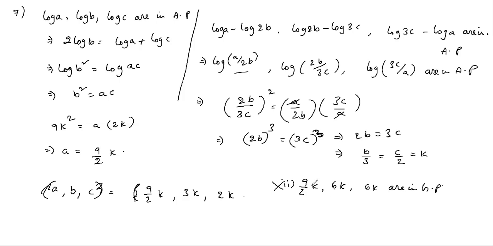So next, the third one. A, B, C are the sides of a triangle. If A, B, C are the sides of a triangle, we have properties: the sum of two sides is greater than the third side, and the difference of two sides is less than the third side. Then the values satisfy the sides of a triangle. So here, if you take the largest side 9 by 2K and the sum of the other two sides 3K plus 2K, the sum of two sides is greater than the third side, so they will form a triangle.